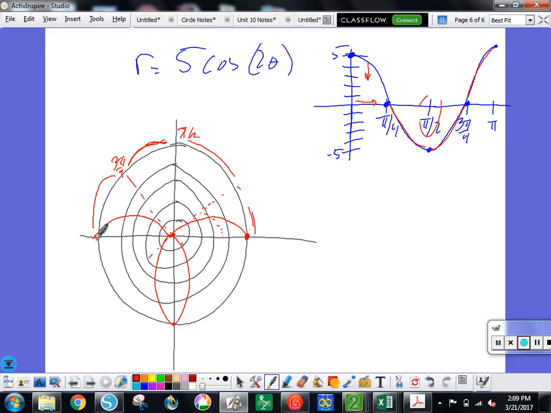Is that what our graph looks like? It's not, is it? So what could I keep doing? I could do another cycle, go to 2 pi, couldn't I? Does that make sense? Or I can see if it has symmetry. Okay, what kind of symmetry does this look like it has? Well, anytime I see a cosine one, guess what symmetry I'm going to go for?